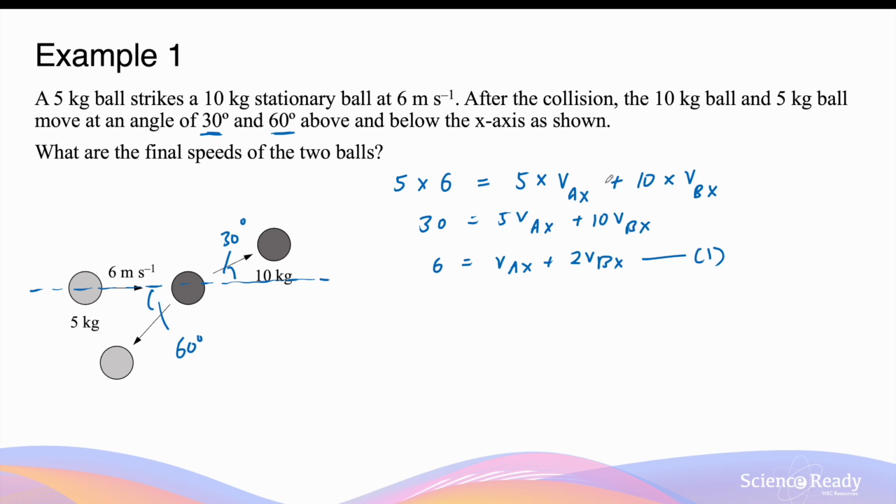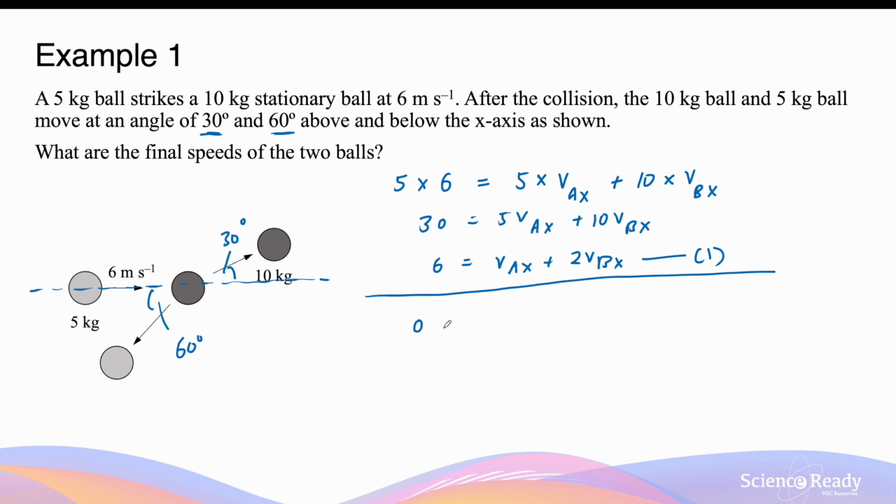All of these equations are derived from the conservation of momentum in the x direction. So let's consider the same thing, but in the y direction. In the y direction, the initial momentum before the collision is actually 0, because the 5 kg ball was simply moving horizontally and the 10 kg ball was stationary.